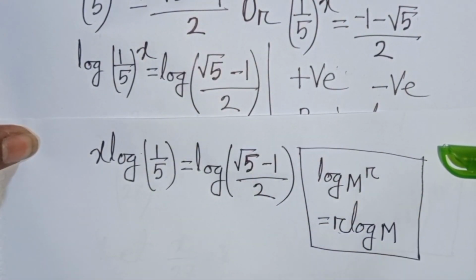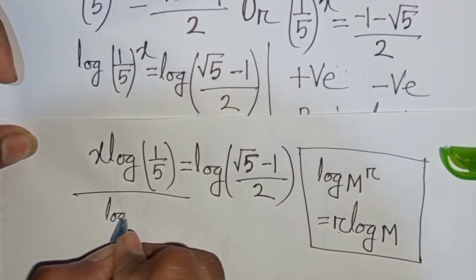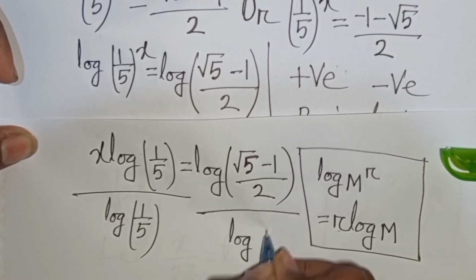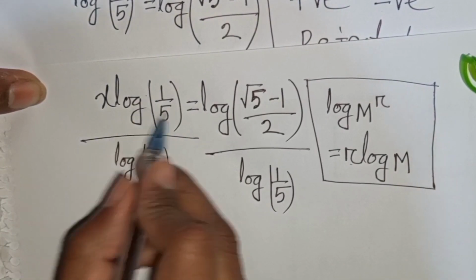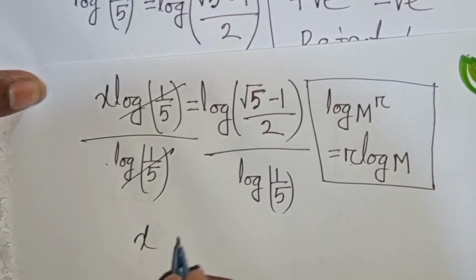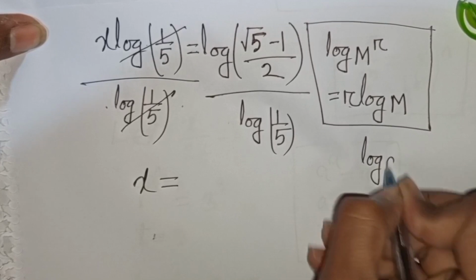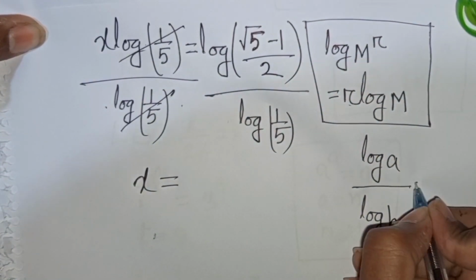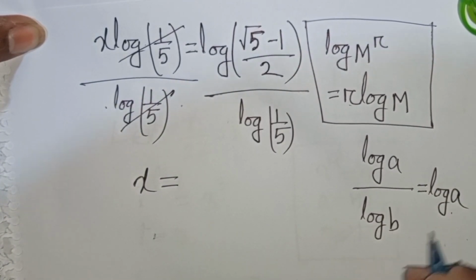Now we need the value of x, so we divide by log of 1/5 on both sides. Now we see this log of 1/5 will be cancelled. So here x will be equal to, here I can apply the formula log a divided by log b is equal to log a base b.